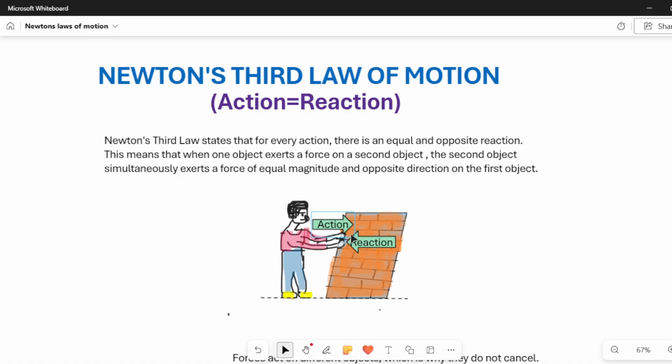So the repulsion between the electrons of both objects is what causes this action and reaction. You are repelled by the electrons of the wall, and the wall is repelled by the electrons of your body. So that's why you get this action and reaction.